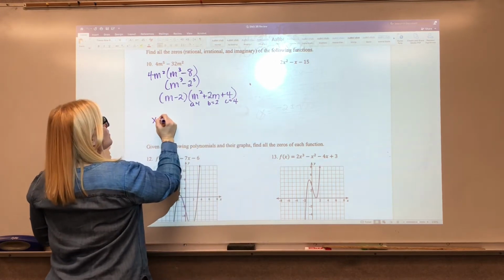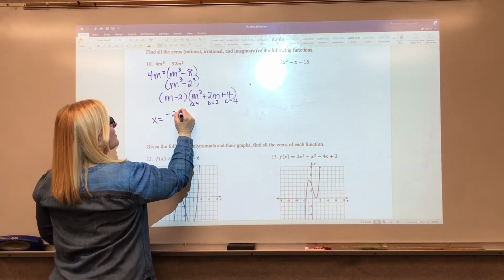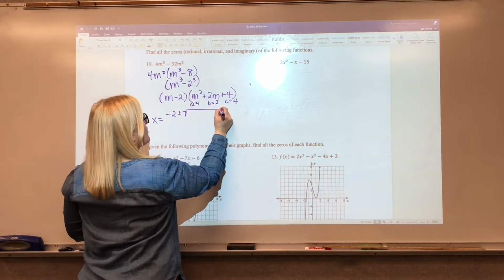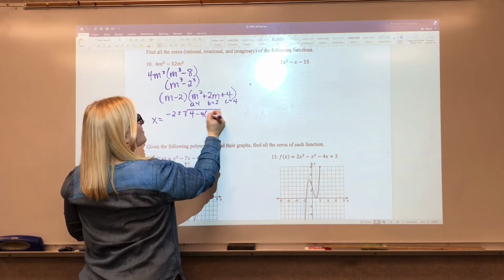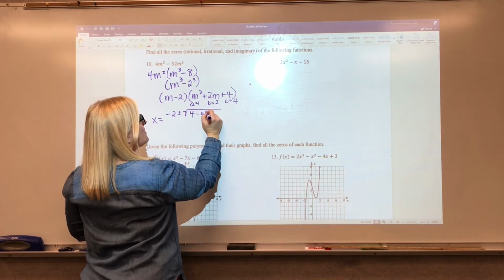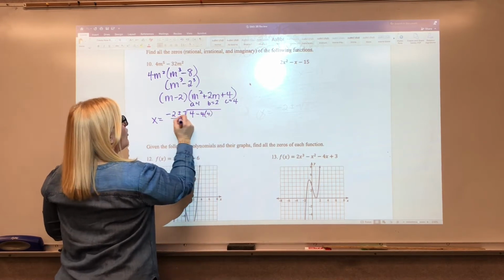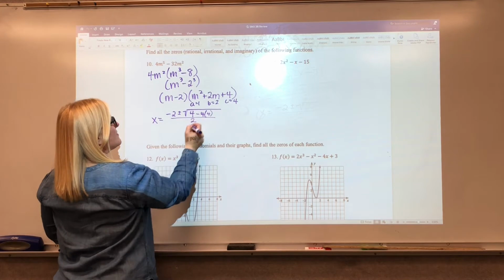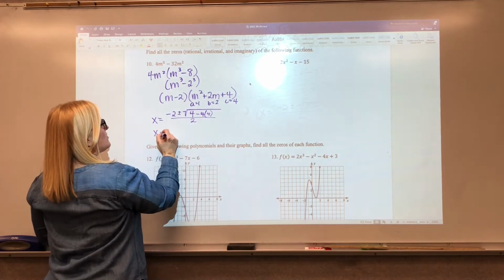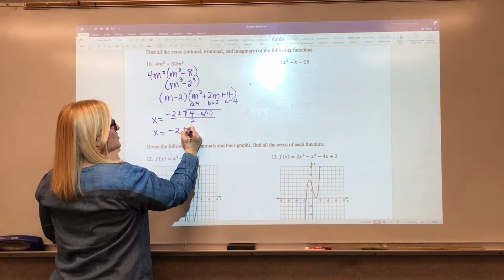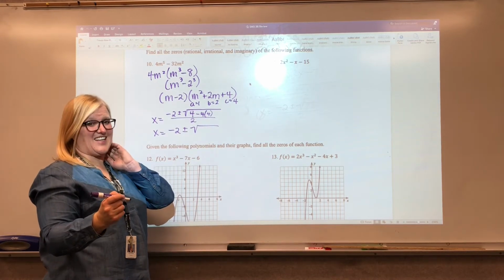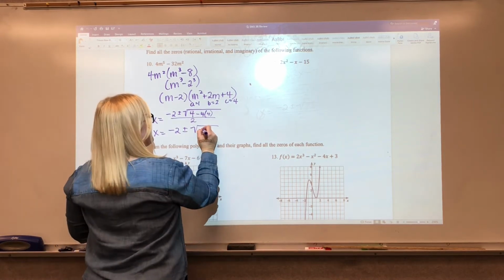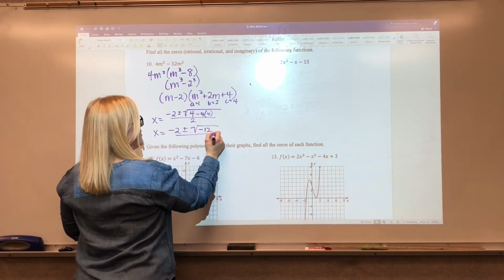So x equals negative b plus or minus the square root of b squared, which is 4, minus 4 times a times c, over 2a. Okay, so x equals negative 2 plus or minus the square root of 4 minus 16, which is negative 12, over 2.